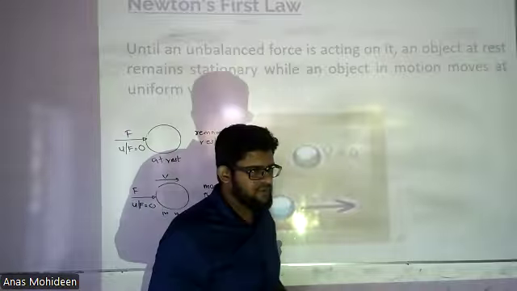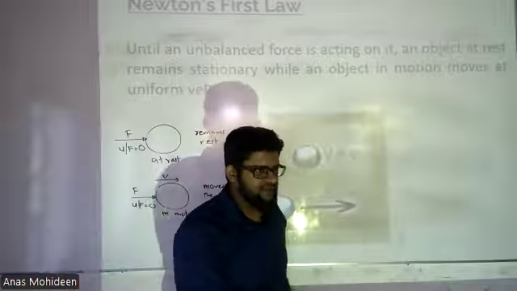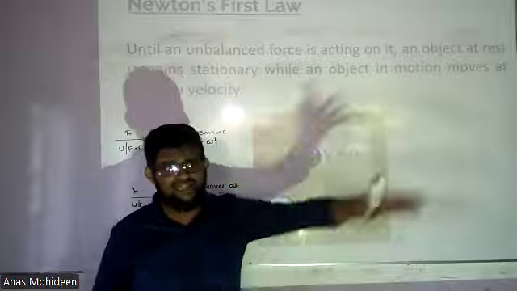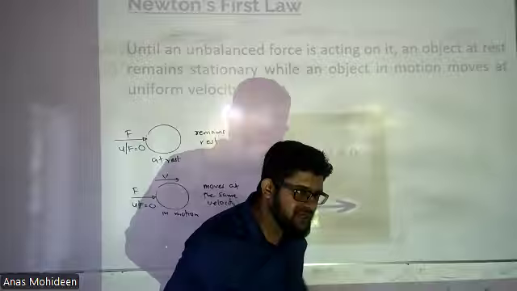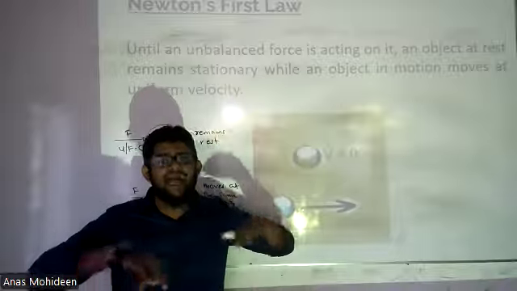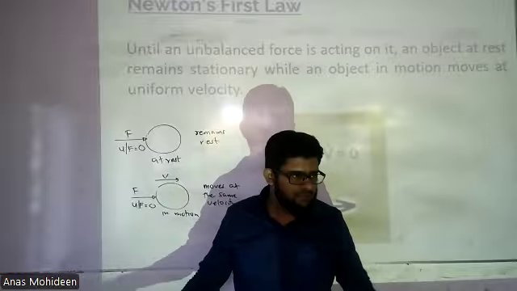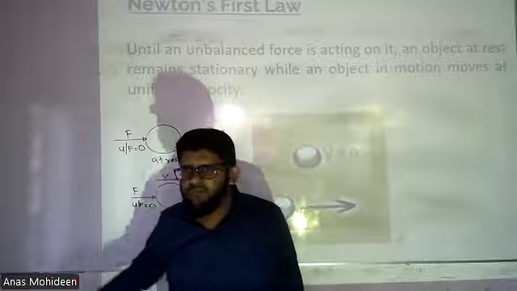Imagine a football rotating and falling. You hit it in the same direction, it increases the speed. If it moves in the opposite direction and you give a push, it reduces the speed. So with an unbalanced force you can change the speed.